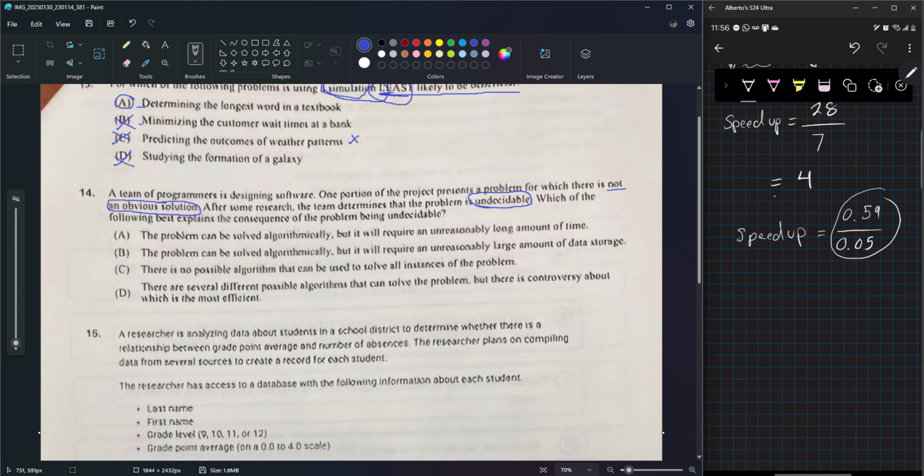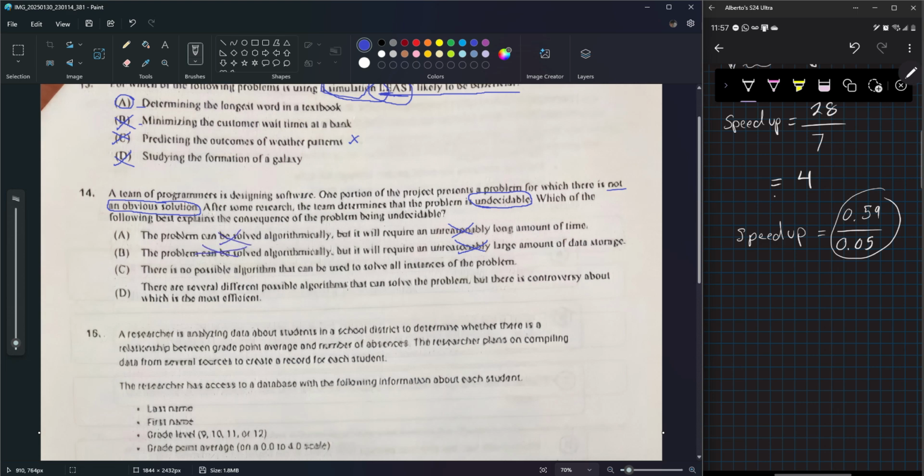The problem can be solved algorithmically, but it will require an amount of time. No. If it's undecidable, then that means it cannot be solved. So these two are wrong, because they cannot be solved.